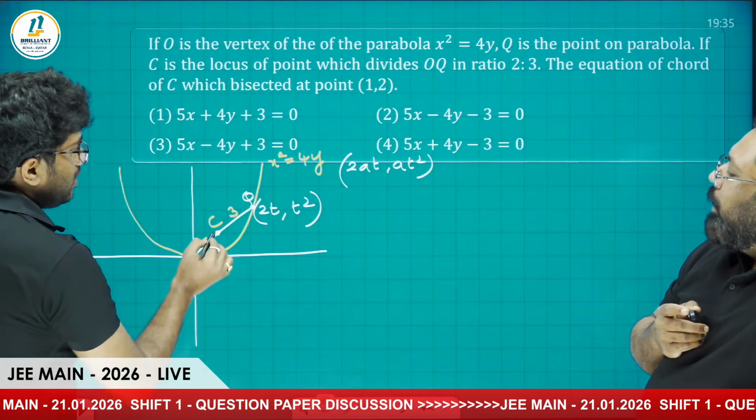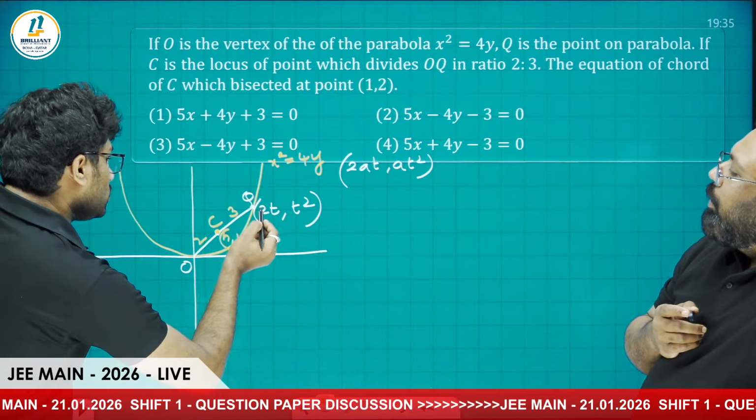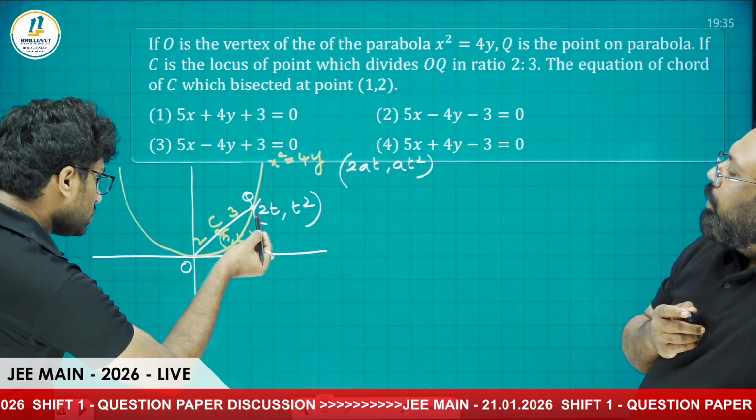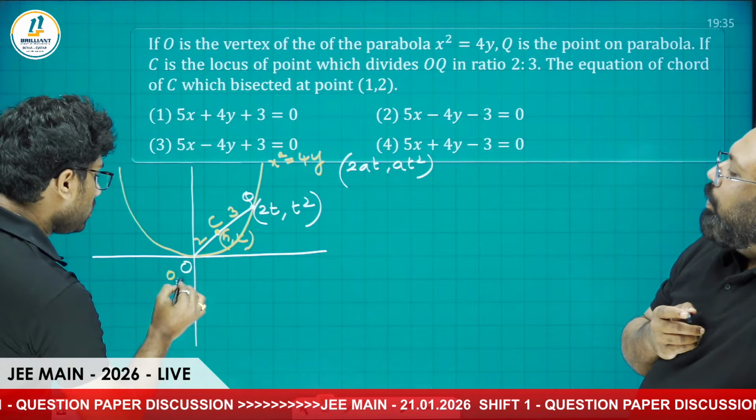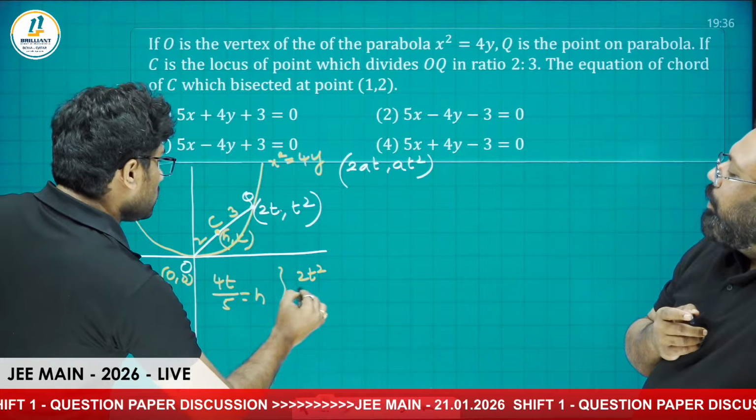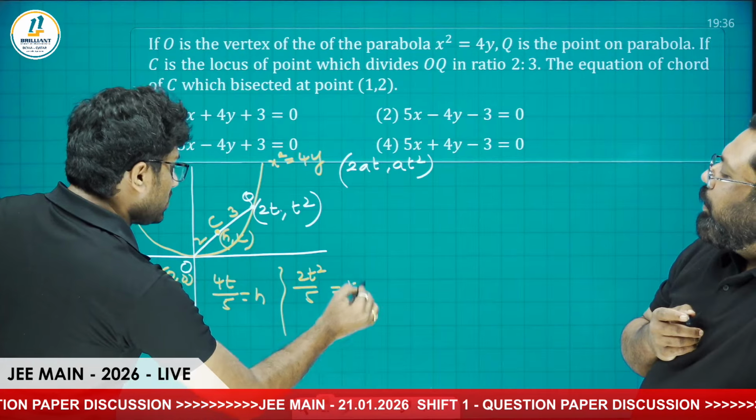By using the section formula, 2 into 2t plus 3 into 0 divided by 2 plus 3, which is 5, is equal to h. And 2 into t square plus 3 into 0 divided by 5 is equal to k.